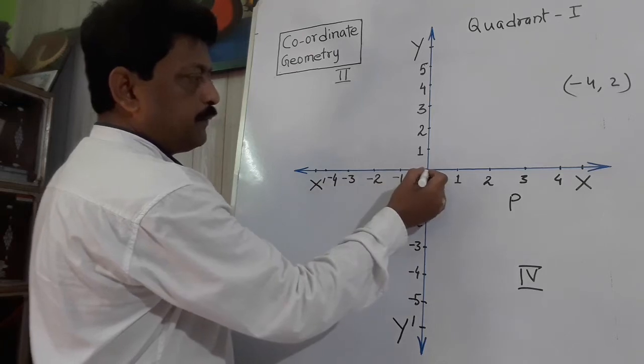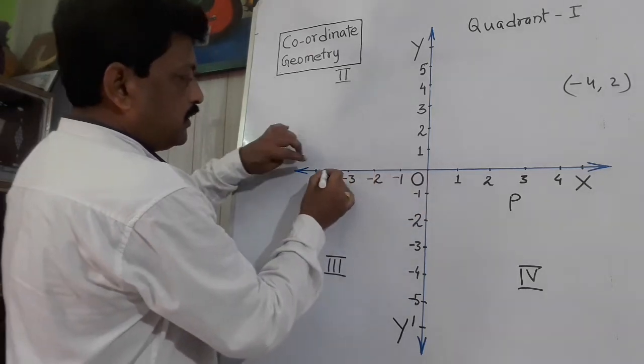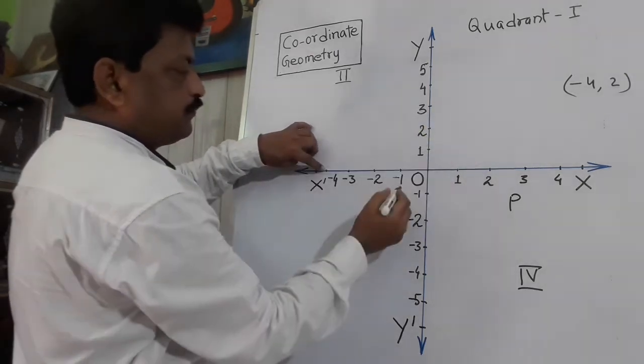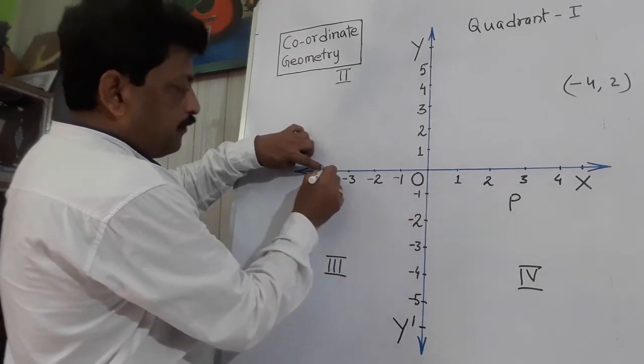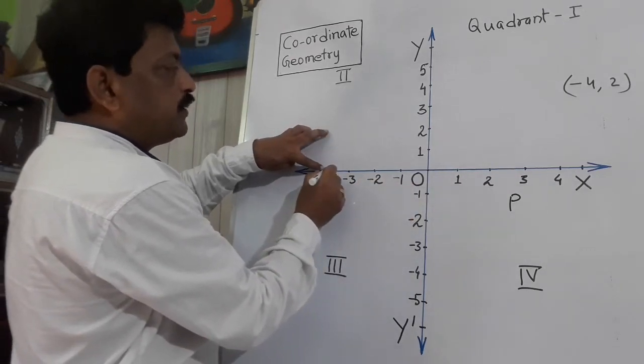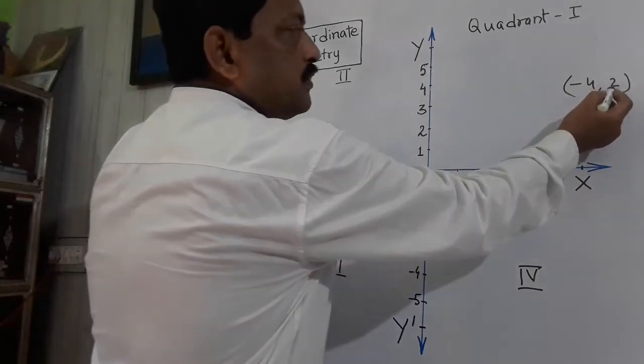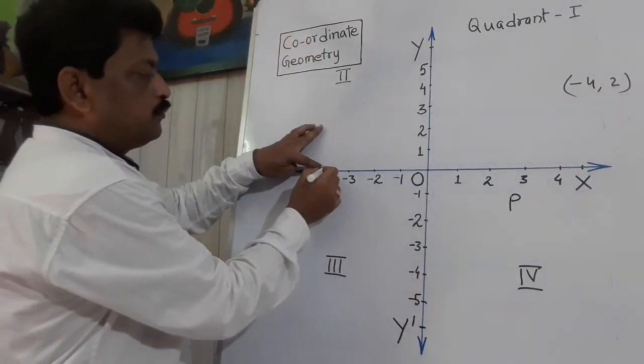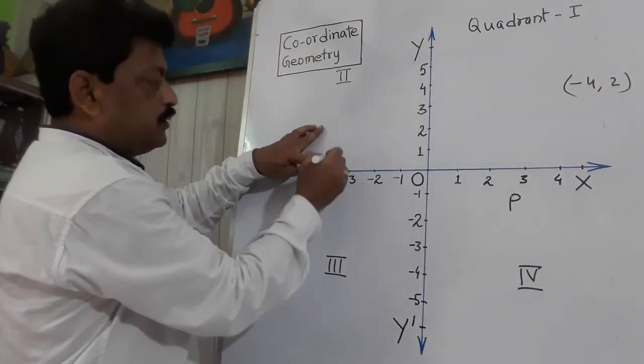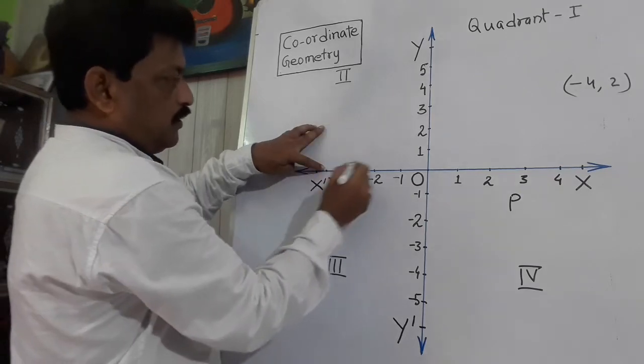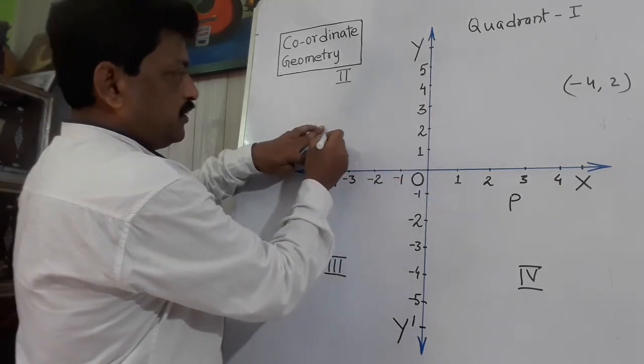From the origin we have to move 4 units here to -4. See, -4. And from here we have to move 2 units. Since it is positive, we have to move above, 2 units above the x-axis. So it is somewhere here.